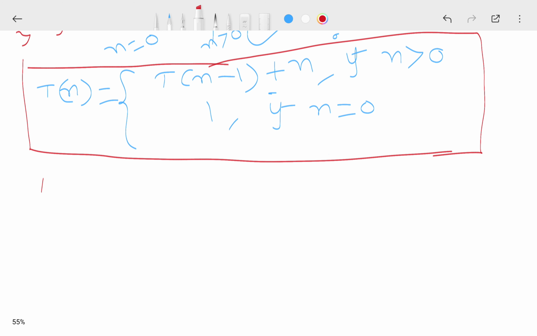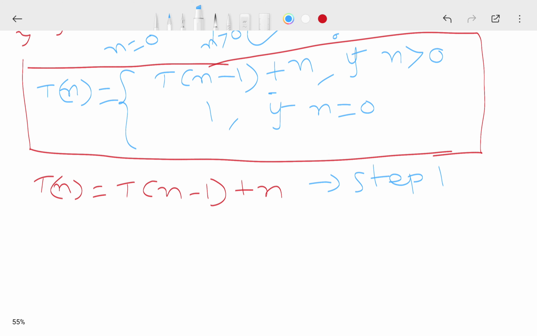So just take T of n equal to T of n minus 1 plus n. Take this as step 1. To reduce this, we need to know the value for T of n minus 1. So from the T of n value, we can calculate the T of n minus 1 value.